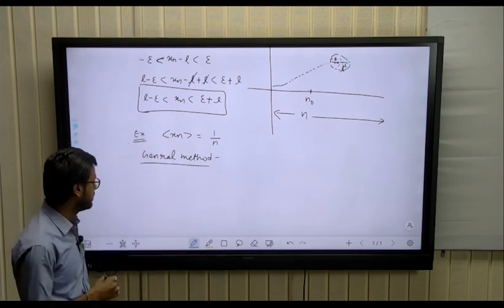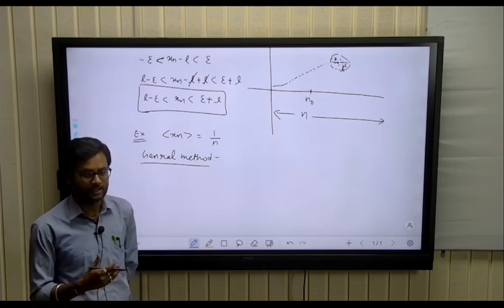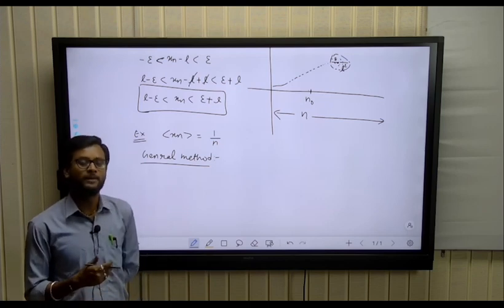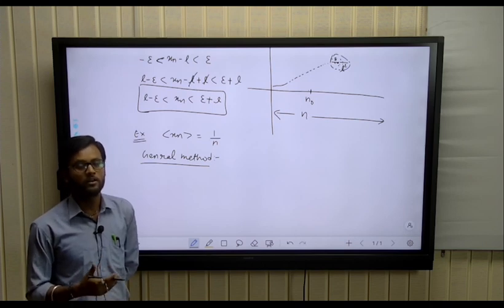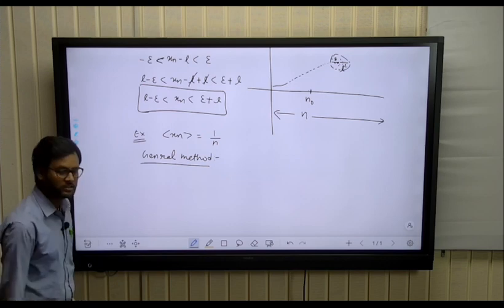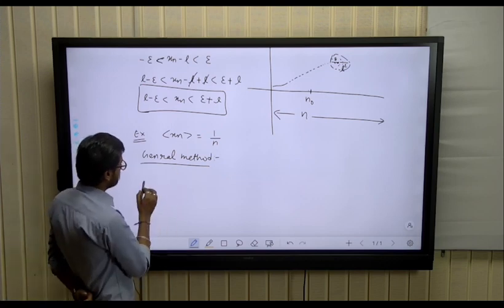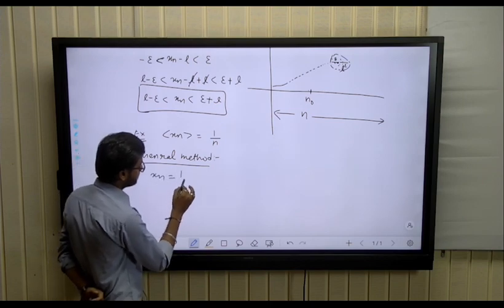This is basically the high school method. But when we go further in graduation, we basically use the mathematical definition to find the limit of a sequence. This is the high school method, so we do not discuss much more about it. So xn is 1 upon n.